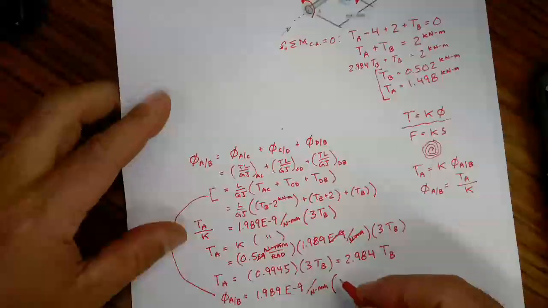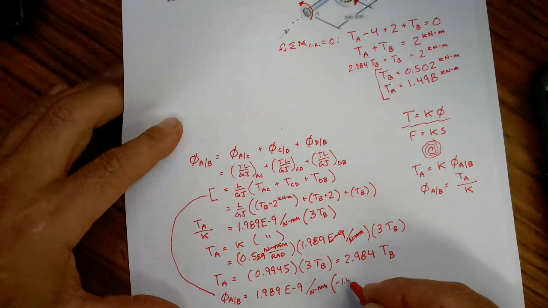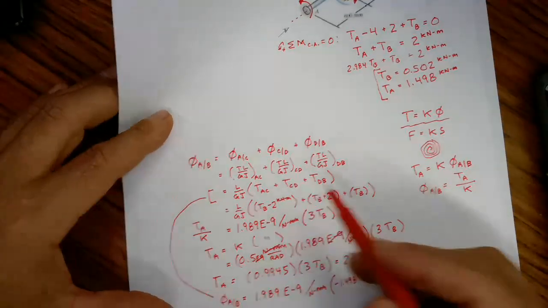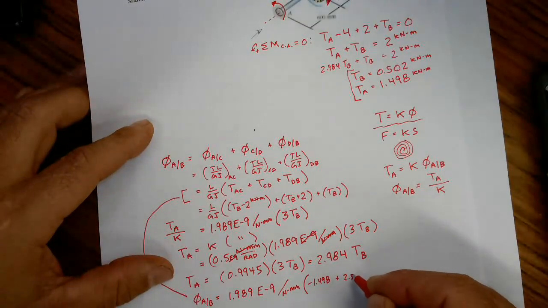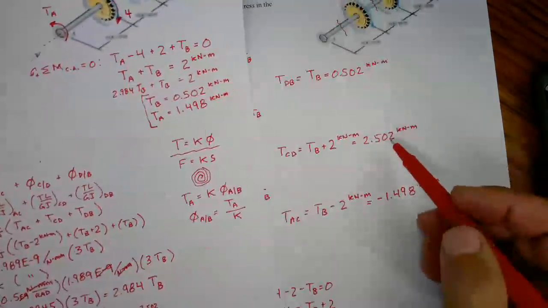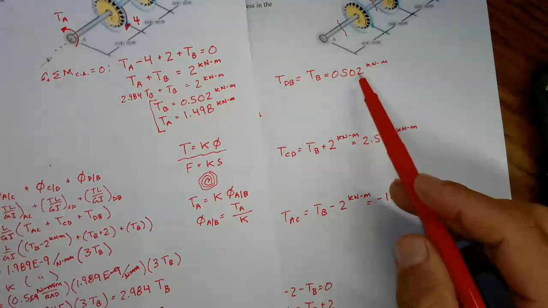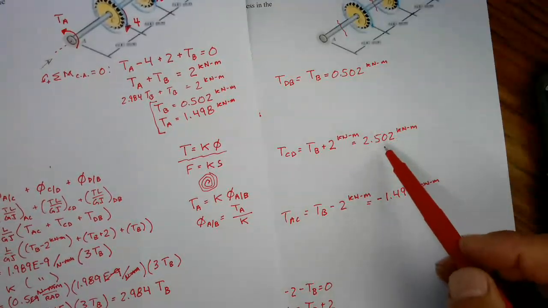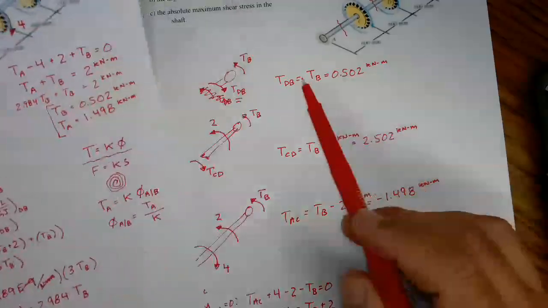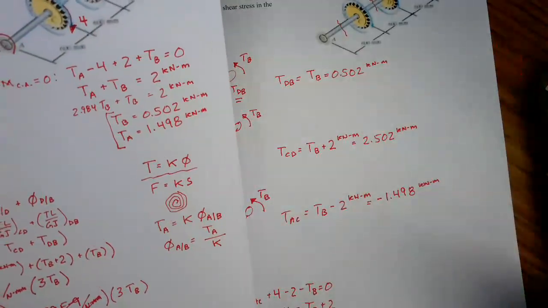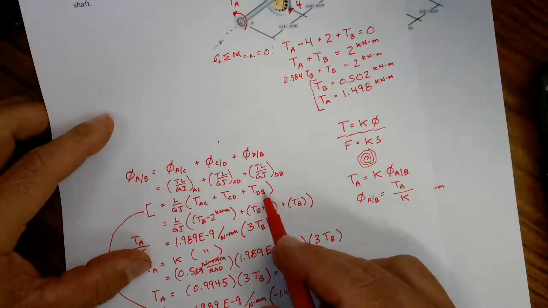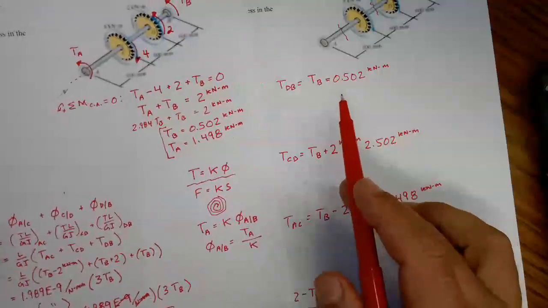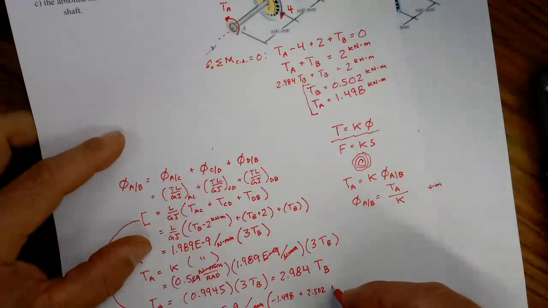TAC is negative 1.498. TCD is 2.502. Maybe we'll note that the magnitude of the largest internal torque is between C and D. That might help us solve part C. And that's plus TDB, which is 0.502.